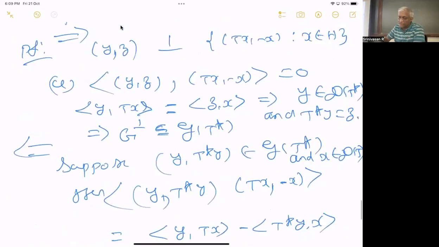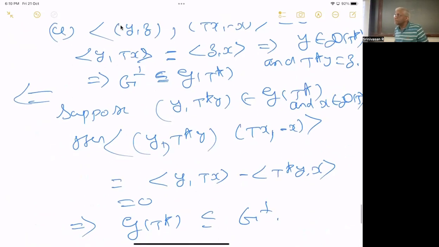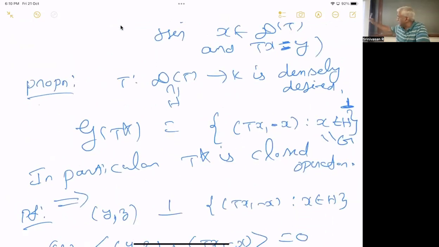Then I proved that y is in the domain of T star and z is precisely T star y. Then I proved that something in the graph of T star is orthogonal to G. That's all. So these two are equal. Any problem? It just follows directly from the definition. And it's important you remember this: the graph of T star is the perp of the set of (Tx, -x).